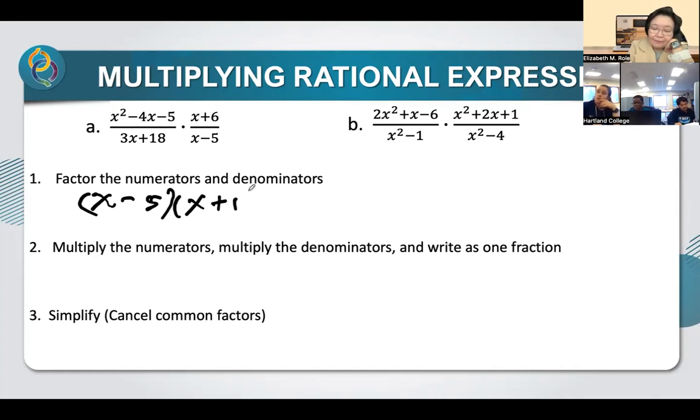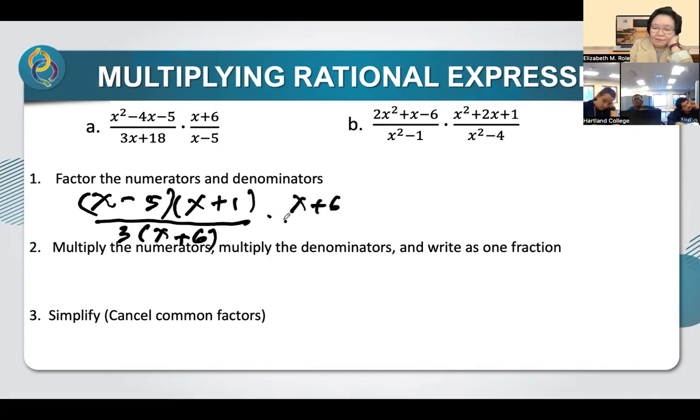And then the denominator: there's a common factor, 3, then x plus 6. x plus 6 is already factored, there's no need to factor that. That's just 1 and x plus 6.